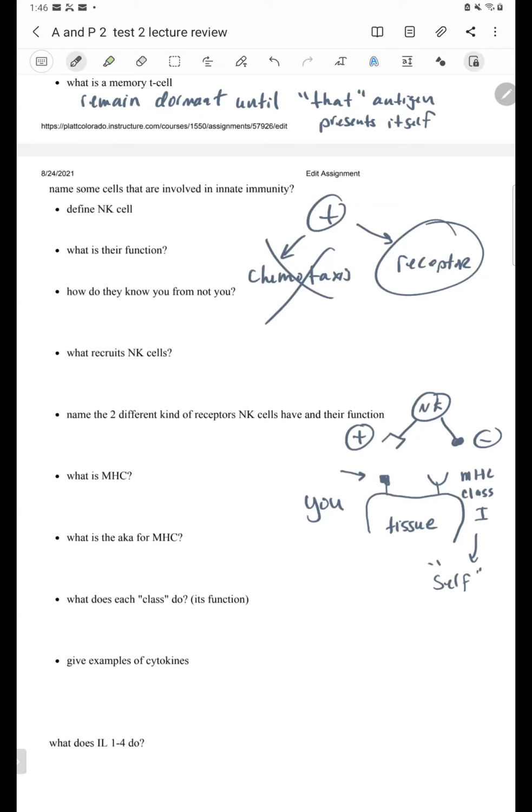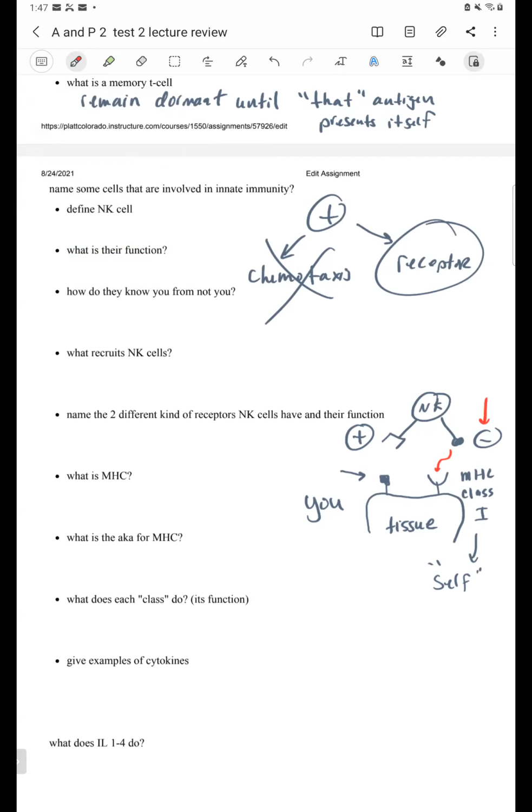So when a natural killer cell and its receptors go over your own tissue, because you have the MHC class 1, they will bind and it will inhibit the natural killer cell from doing its job, meaning it won't destroy the tissue.